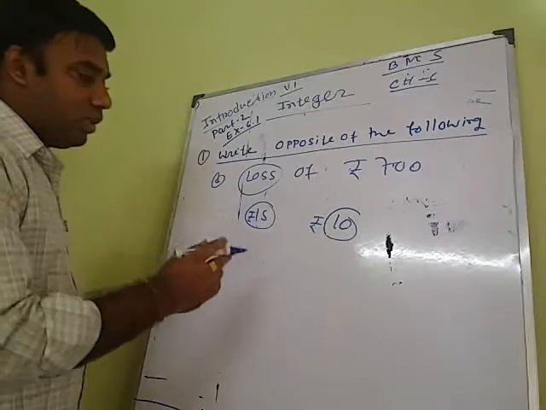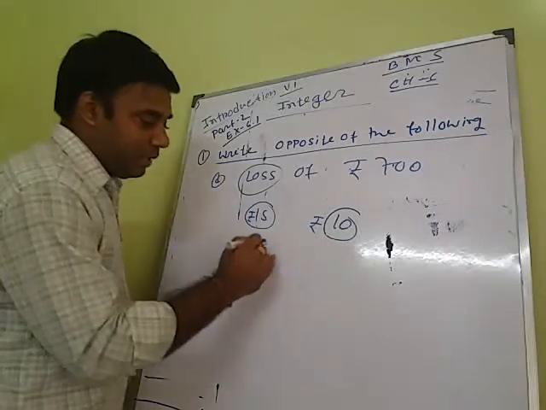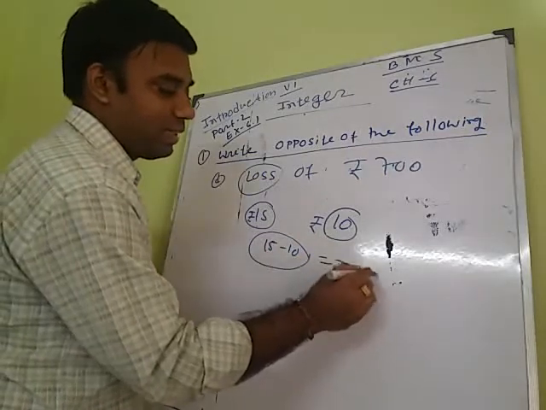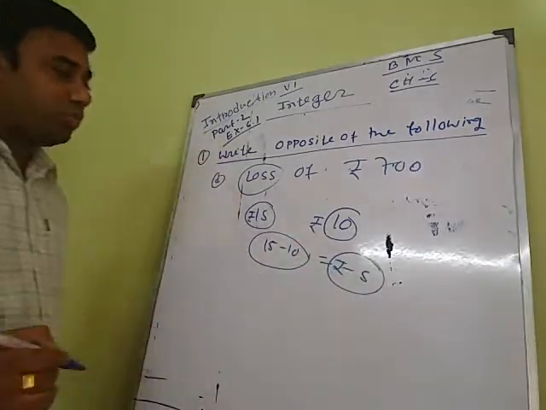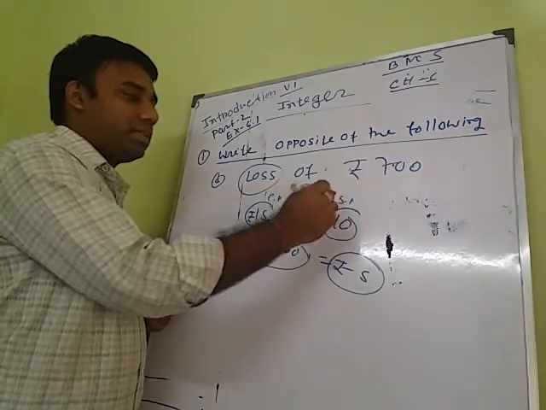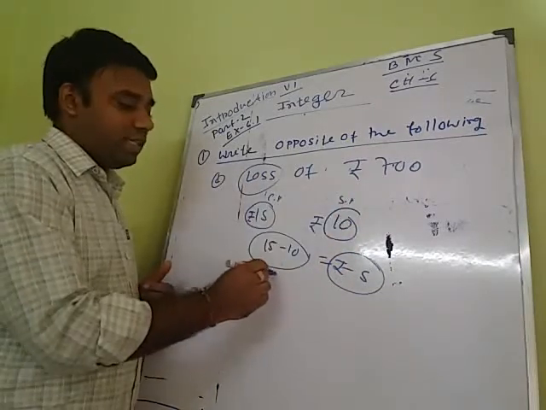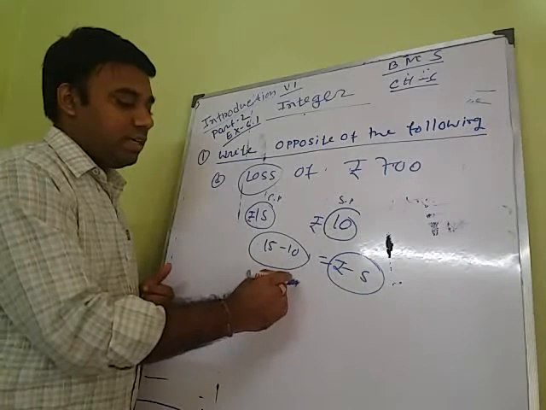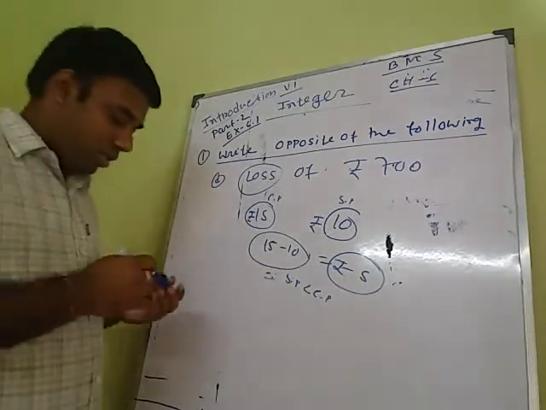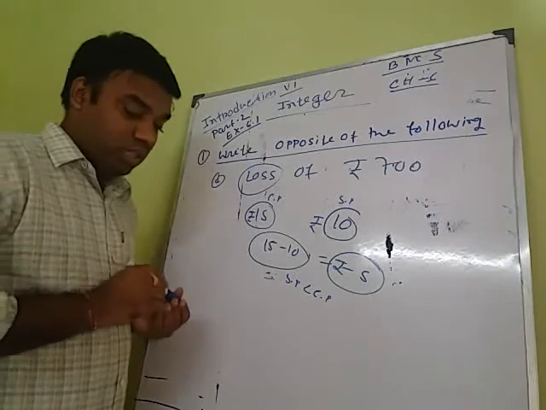It means 15 minus 5, rupees 5, that is the loss. Loss means, if the selling price is less than the cost price, then the statement loss appears.